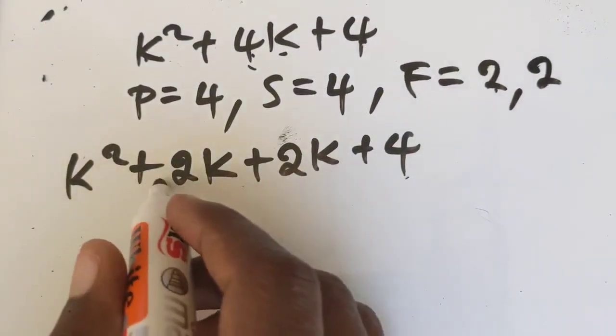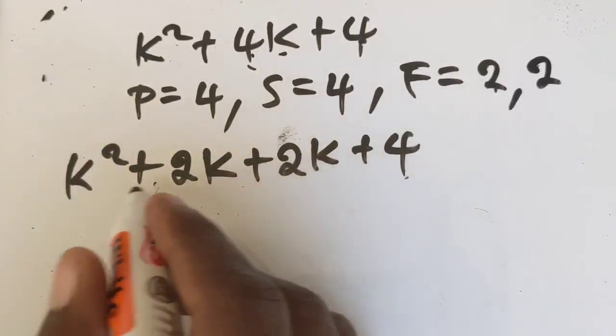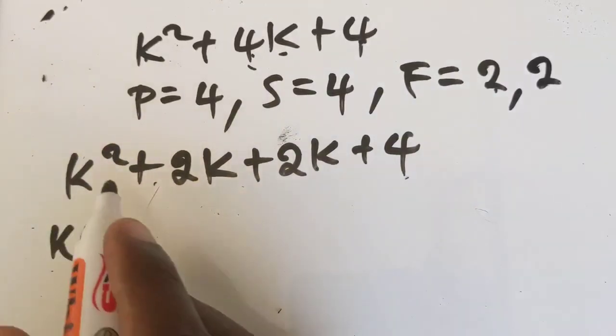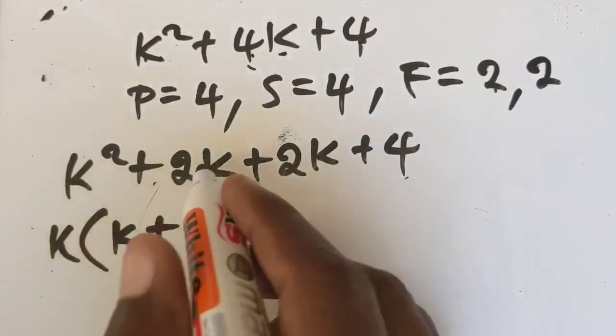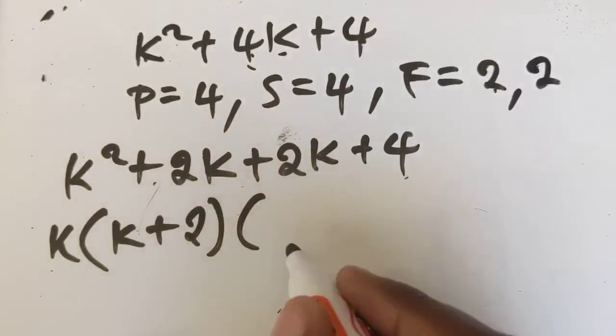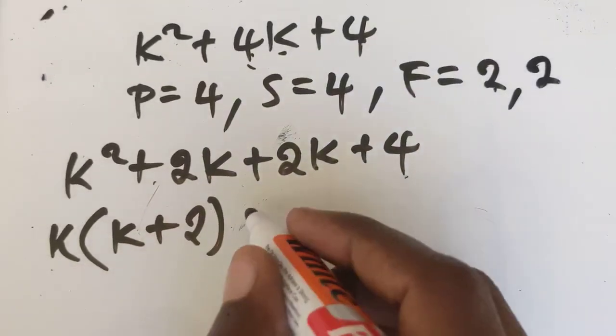Then here you now factorize. So what is common here? It is k. So k here, you have k plus 2, like that. Then open bracket. Also here you're going to put plus.